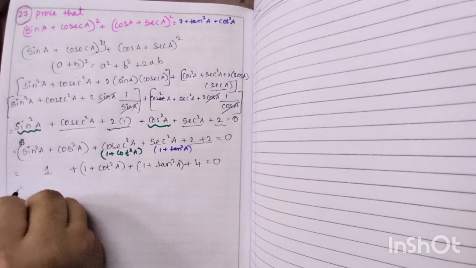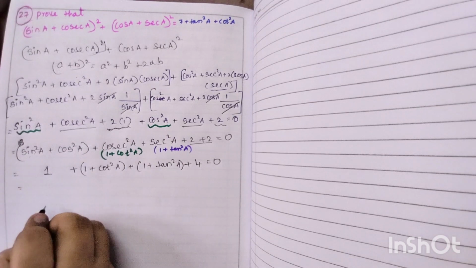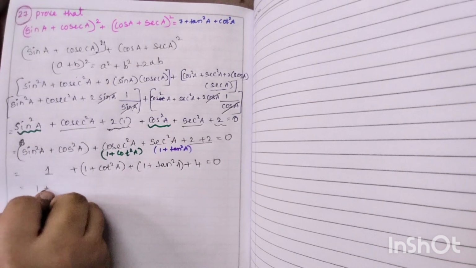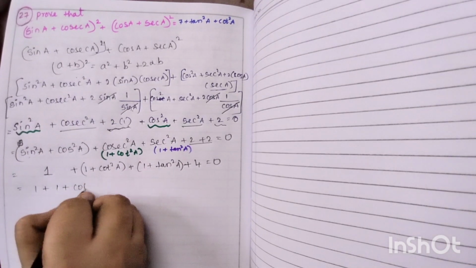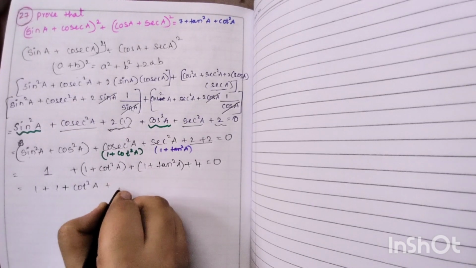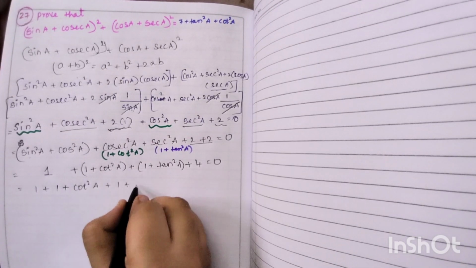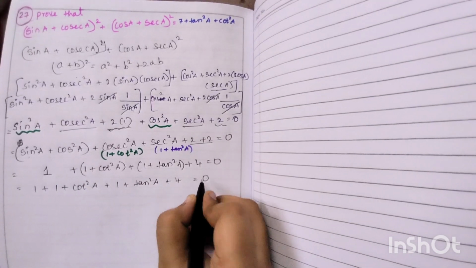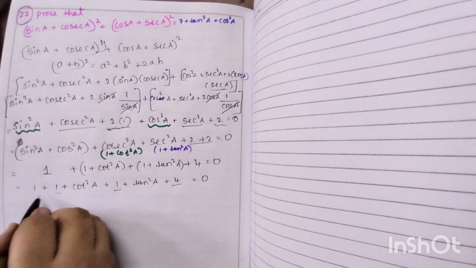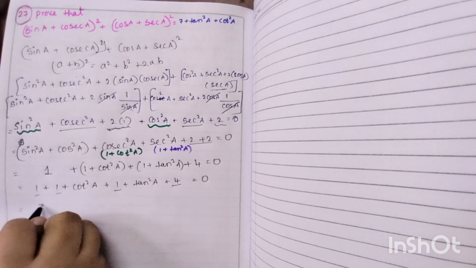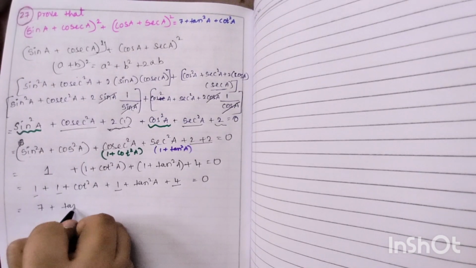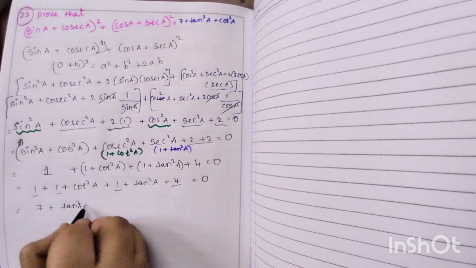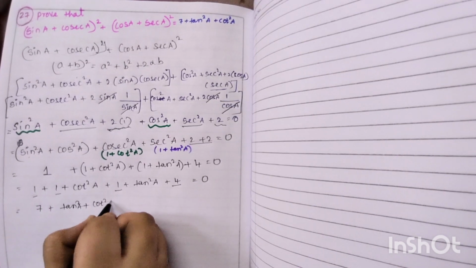Now just remove all the brackets and just let's find it. 1 plus cot square a plus 1 plus tan square a plus 4. So now let's add all them. So we'll get 7 plus tan square a plus cot square a.